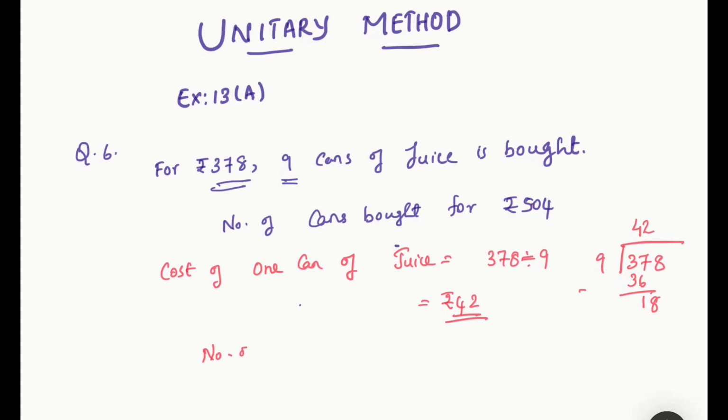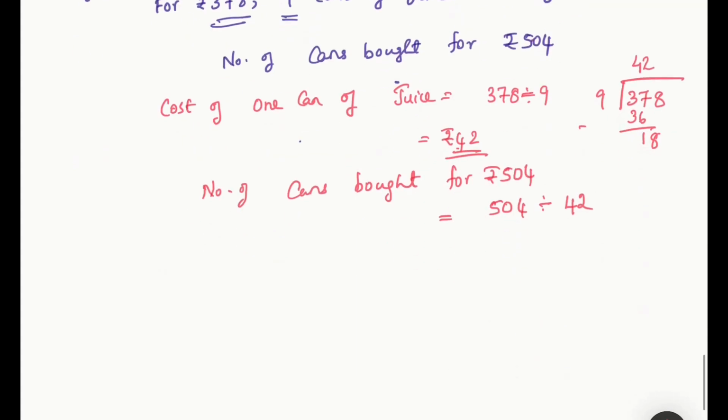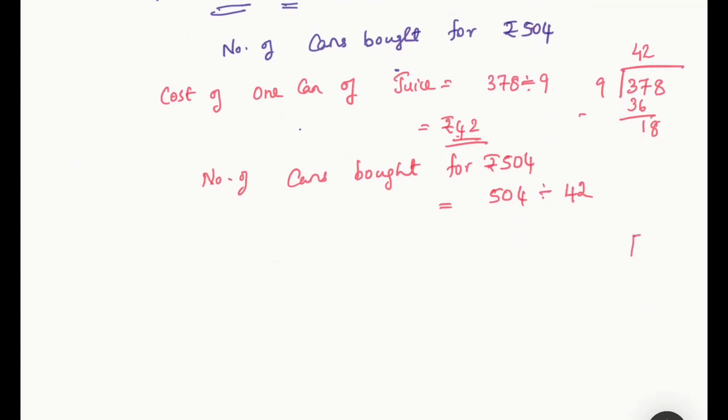So number of cans bought for rupees 504 will be equal to the total amount we have, 504, divided by the cost of 1 can. We already found that, 42.